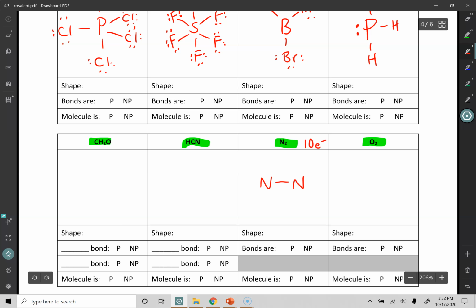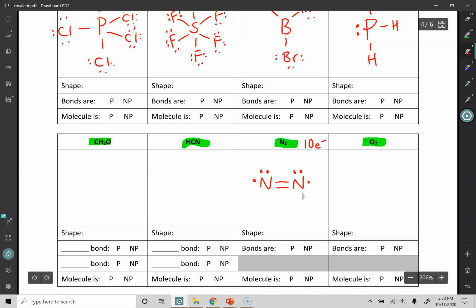Okay, they obviously have to be bonded to each other. I have not completed any octets, and I am out of electrons. That is a surefire sign that I need to form multiple bonds. Instead of those 2 electrons at the bottom of each nitrogen atom being by themselves, what do you think they do? Hopefully you're thinking, oh, they must get together and form a bond.